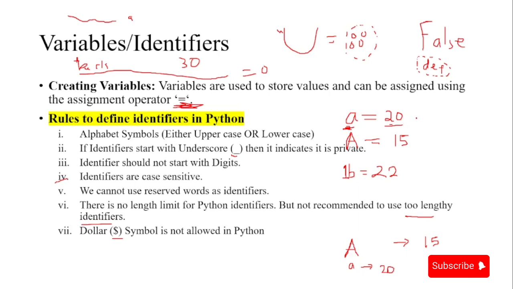When I say 20, that means this value is an integer. What do I mean by an integer? An integer is a value without a decimal place.